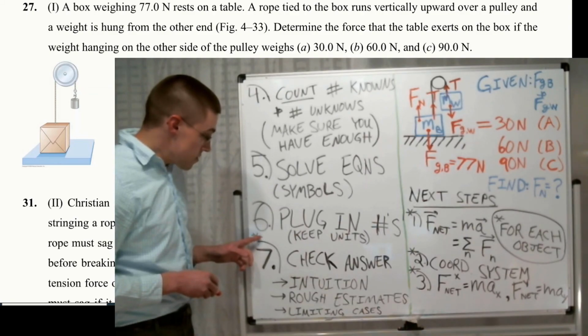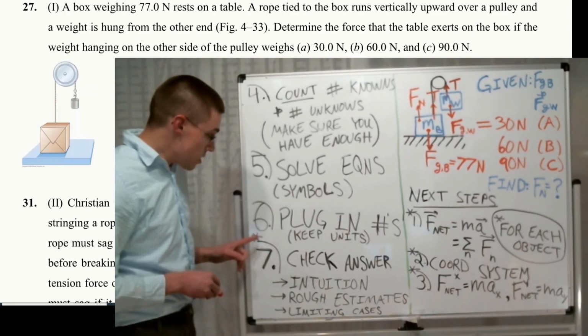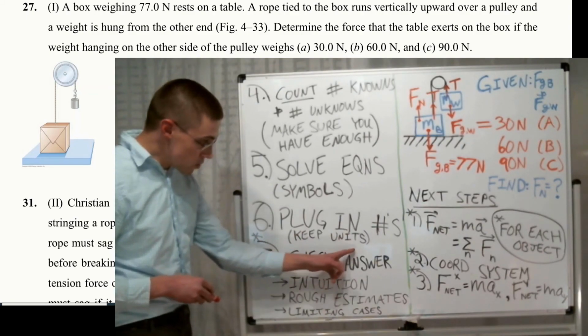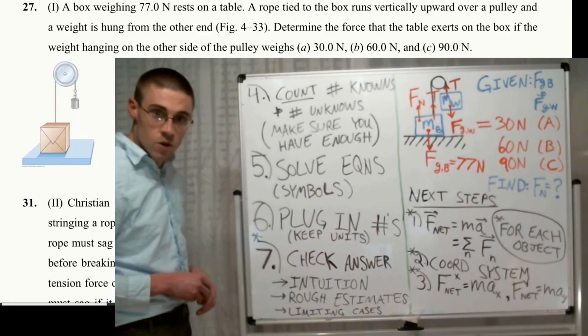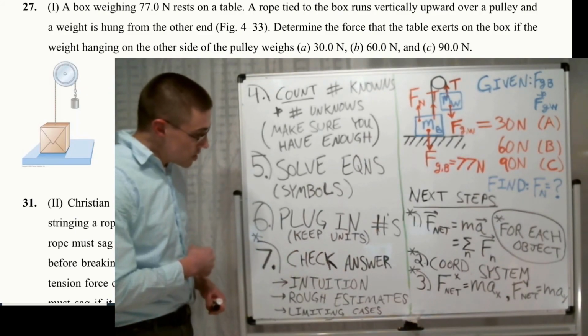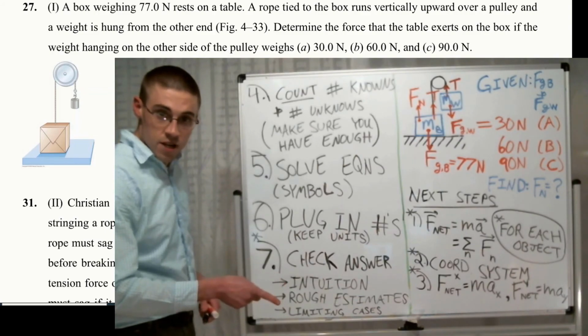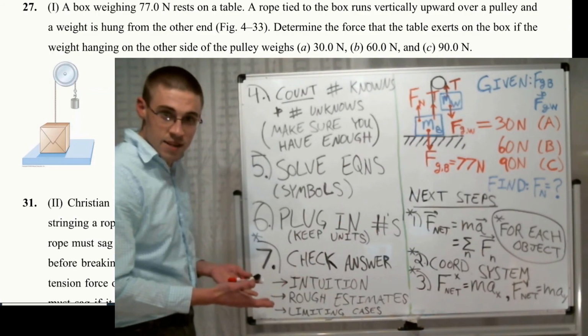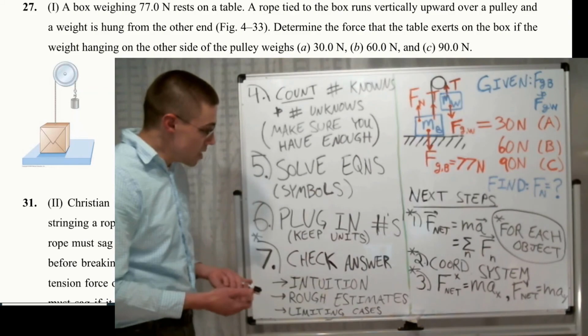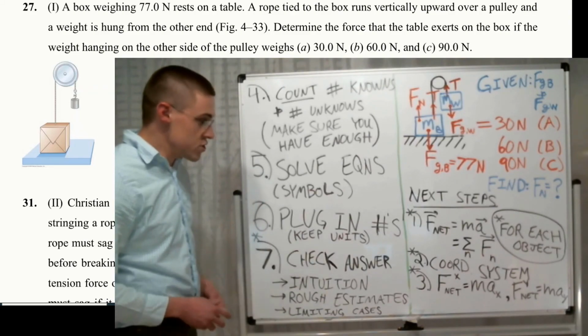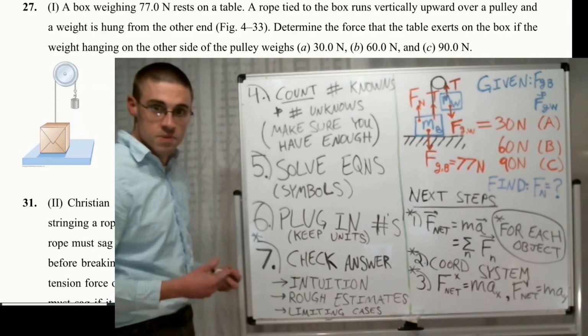Step six, plug in the numbers and make sure to keep your units along with the numbers so that you'll know the units of the final quantity. Most of the time it's going to be in terms of SI units anyway, but keeping your units is a nice check to make sure that you didn't drop some factor.